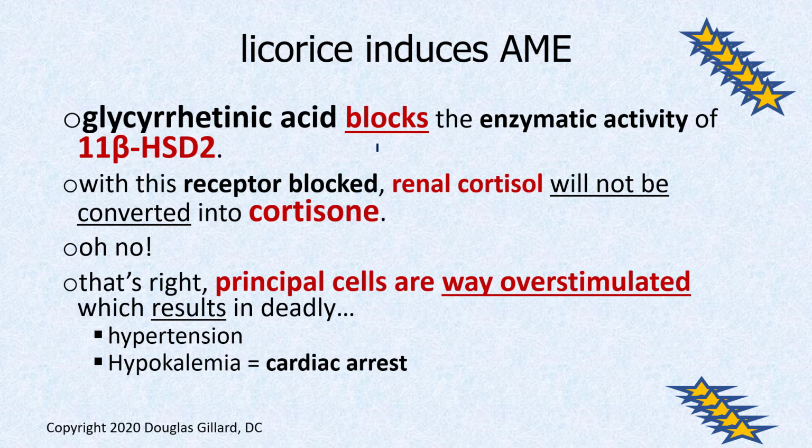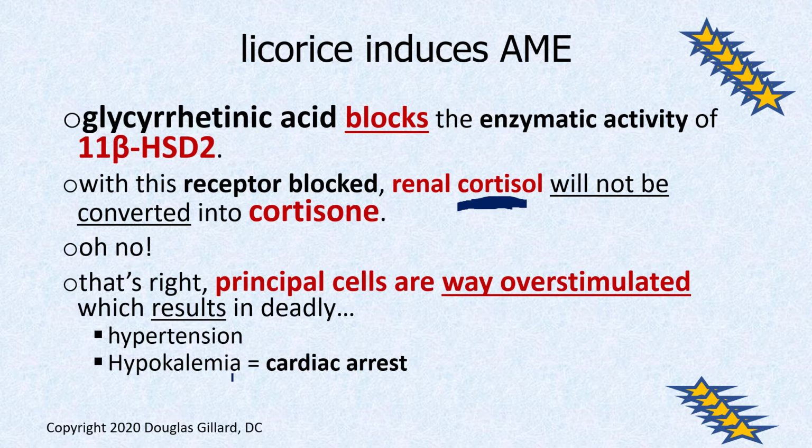It blocks the enzymatic activity of 11-beta-HSD2. So that's not good, right? With this enzyme blocked, renal cortisol will not be converted into cortisone. And you'll have the real deal. You have cortisol binding to principal cells and way overstimulates the principal cells. So that's not good.